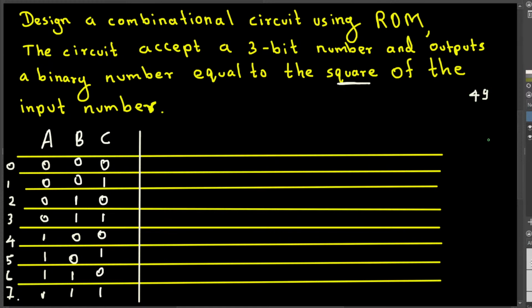Now we have to see which power, because to decide how many outputs we are going to have, we have to decide how many powers of 2 we need. For example, if I take 2 to the power 5, that is 32. If I take 2 to the power 5, it means all the powers before also come with it, starting from 2 to the power 0, then 2 to the power 1, 2 to the power 2, 2 to the power 3.